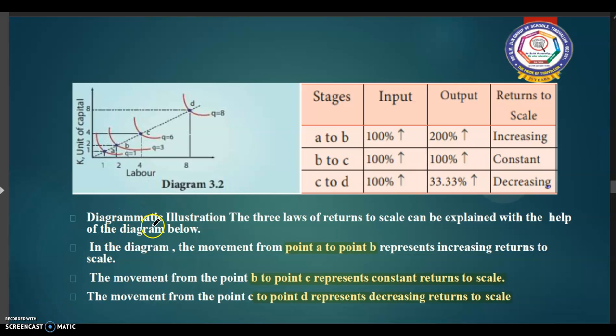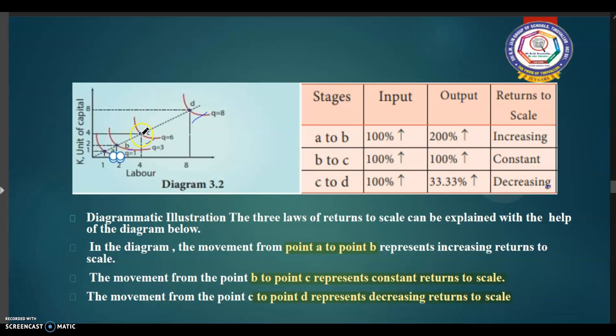Now this can be explained with the help of the diagram. Here you can see four points A, B, C, D. Point A to B represents increasing returns to scale.